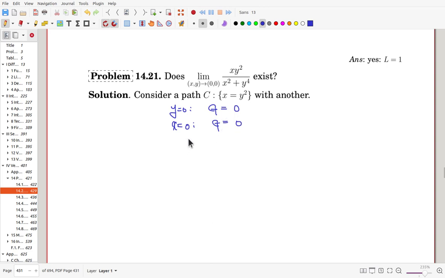Similarly with x equals 0, the limit is 0. But if you choose, for example, x equal y, as in the problem earlier, then the given problem becomes x cubed over x squared plus x to the 4.